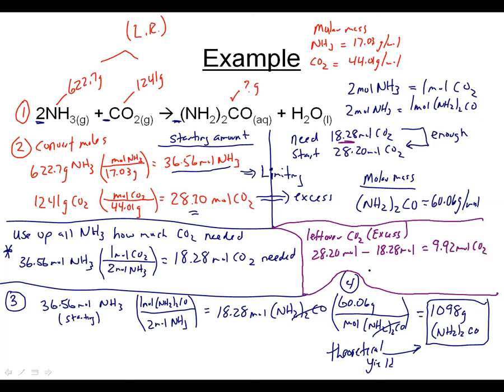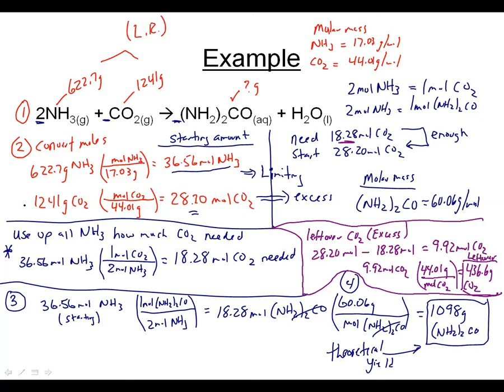If we take 9.92 moles of CO2 and multiply it by the molar mass of CO2 from the periodic table, 44.01 grams per mole, that will tell us we have about 436.6 grams left over. 436.6 grams of CO2. I'll just put leftover, yeah.